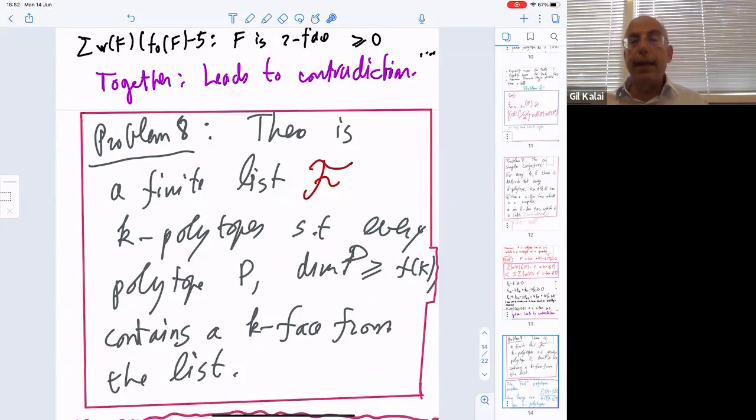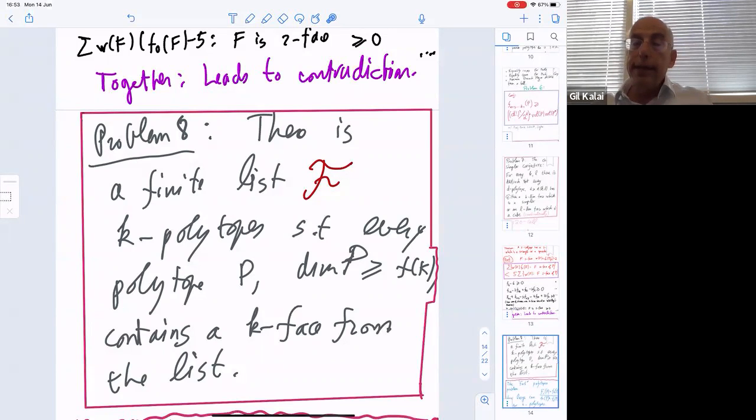This extends the consequence of Euler's theorem, arguably Descartes' theorem, because we know that this is true for k equals 2. This is true already for polytopes in 3 dimensions. And the only other case which is known is that every 9-dimensional polytope has a 3-dimensional face with at most something like 200 vertices.